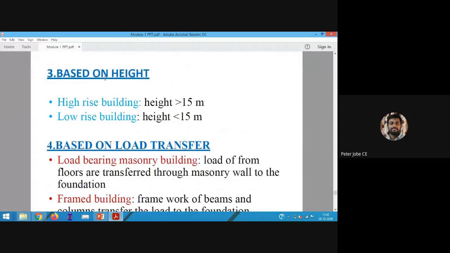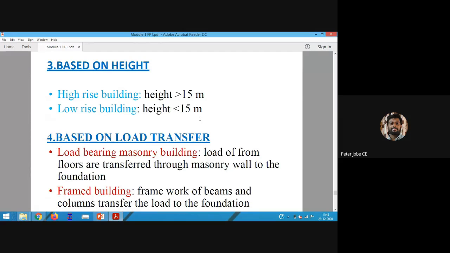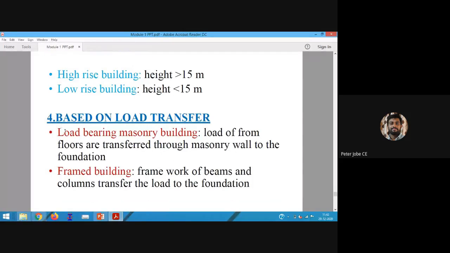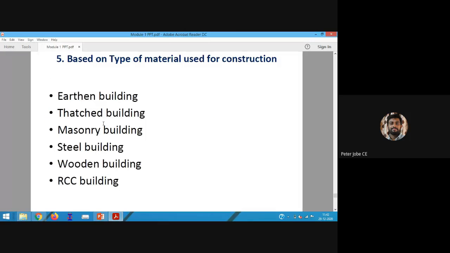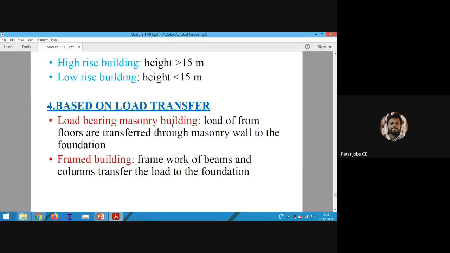Next was based on the height, which is known as high-rise building and low-rise building. The 4th category was based on the load transfer. That means either it is a load-bearing wall or a framed structure. And the 5th category was based on the materials used.